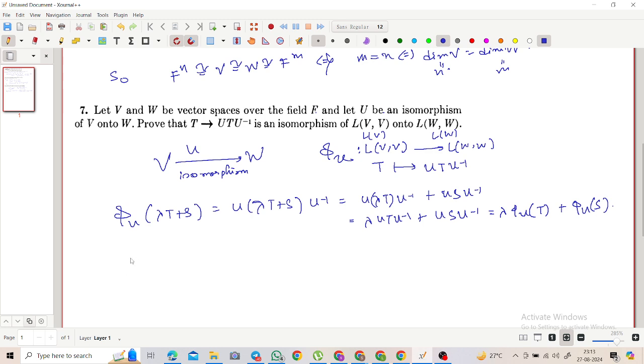Is it a bijection? Is it an isomorphism? What should be the inverse of phi U? Please tell me somebody.